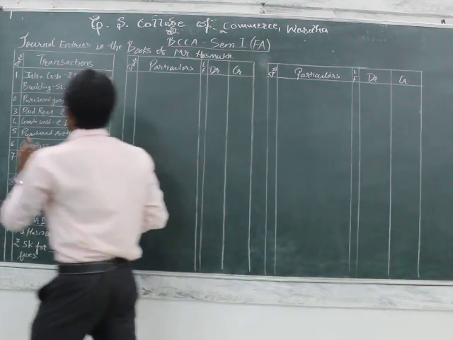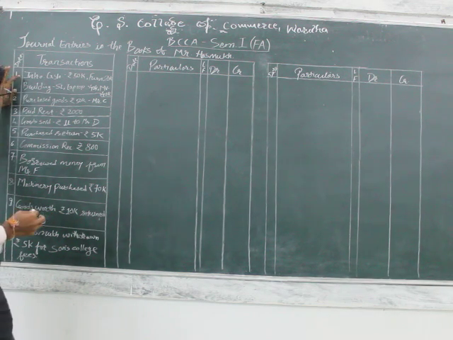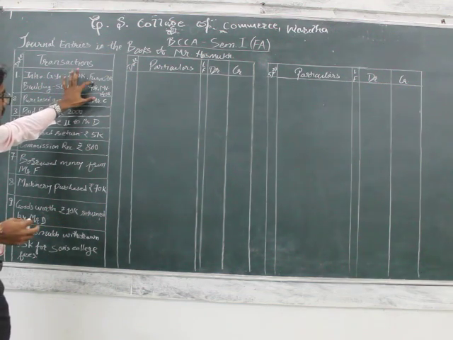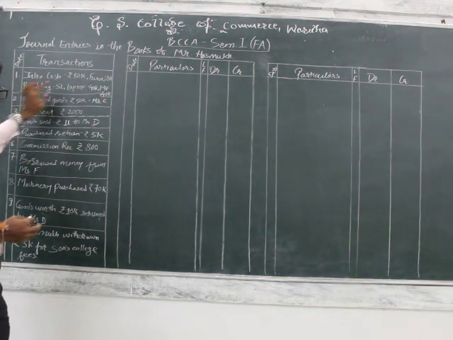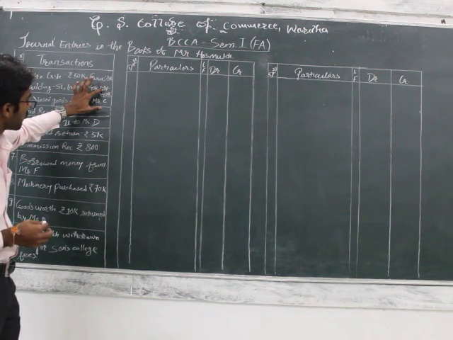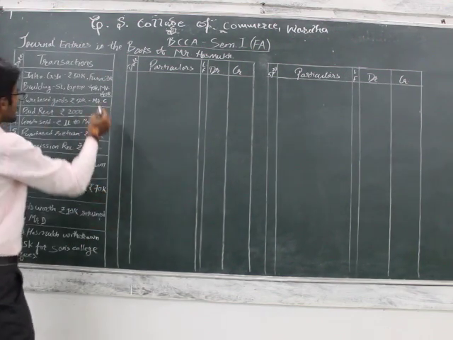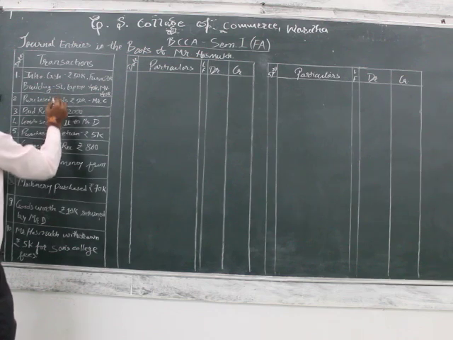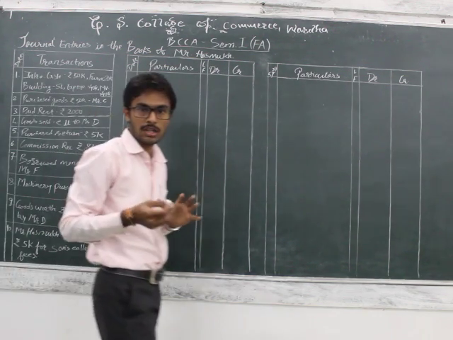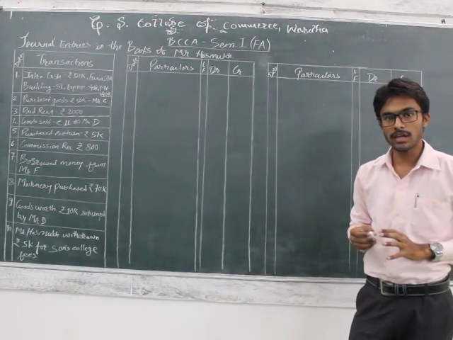In the first transaction, Hasmukh introduced cash rupees 50,000, furniture 20,000, building 5 lakh, laptop 40,000, and MV, meaning motor vehicle, 40,000.